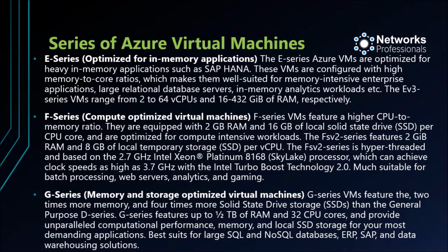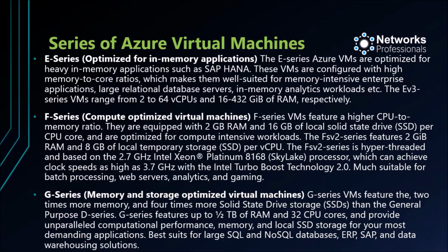F series virtual machines feature a higher CPU to memory ratio. They are equipped with 2 GB RAM and 16 GB of local solid state disk SSD per CPU core and are optimized for compute intensive workload. The FS version 2 series features 2 gigabytes RAM and 8 GB of local temporary storage SSD per virtual CPU.